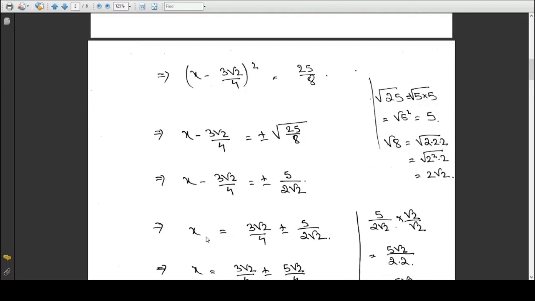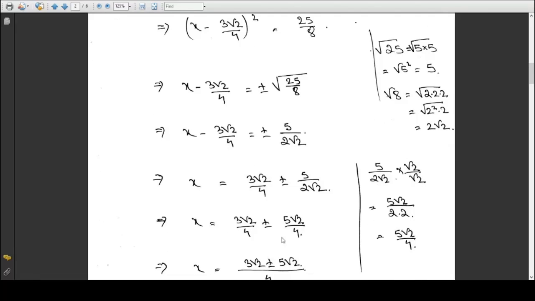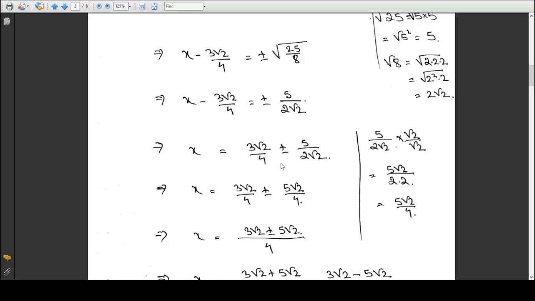Now the next step will be you take this 3 root 2 which is minus to the right, it will be plus, and then plus minus with this 5 by 2 root 2. Once one you take with plus, the other we will take with minus. Okay, here in this step let us simplify this.